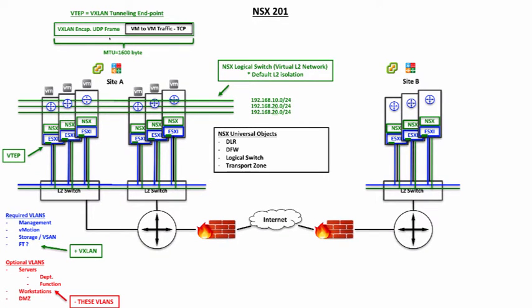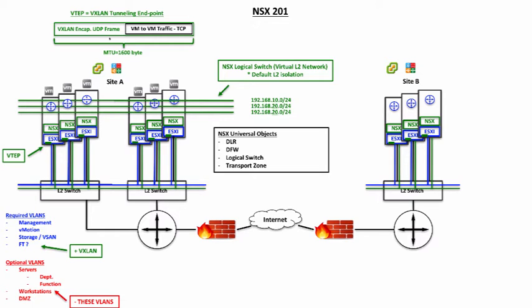Now, I'm going to take a step back here quickly. In this scenario, where we want to share these universal objects between NSX environments, we need to configure NSX in kind of a pairing role. So one NSX manager becomes the primary NSX manager, and we can have up to 7 additional NSX managers connecting to that primary as secondary or subordinate NSX managers.